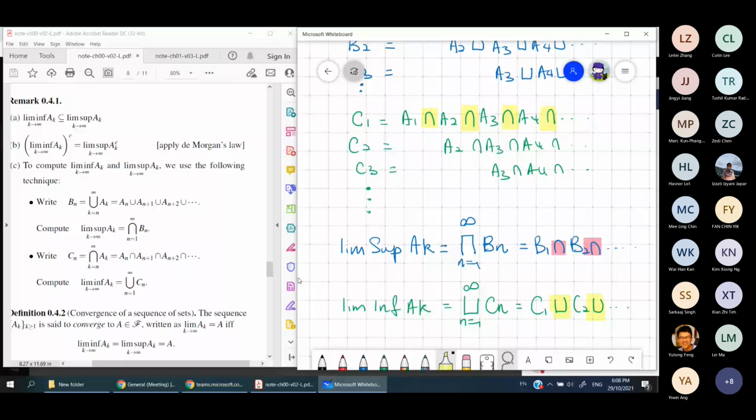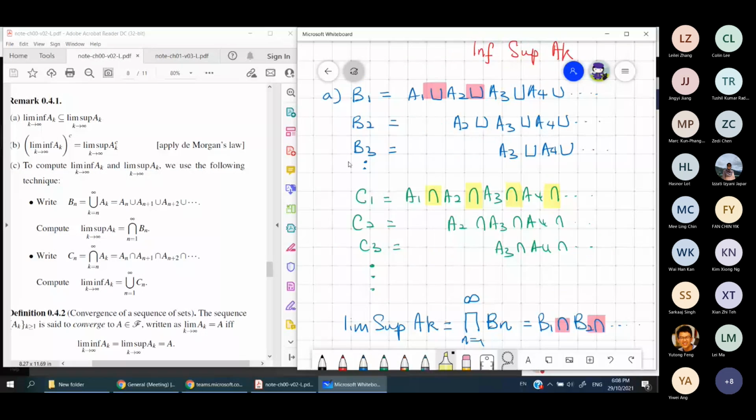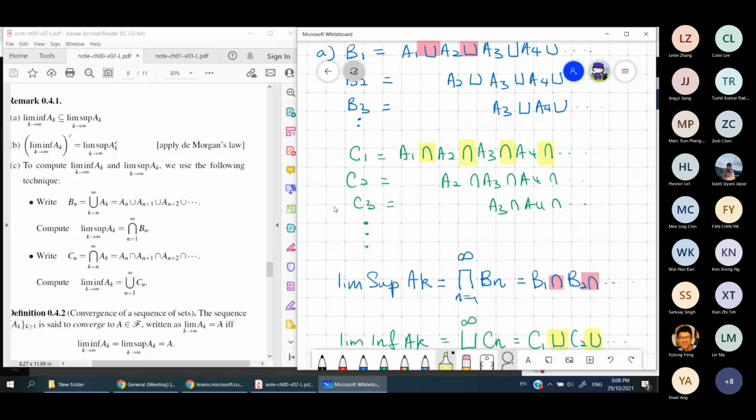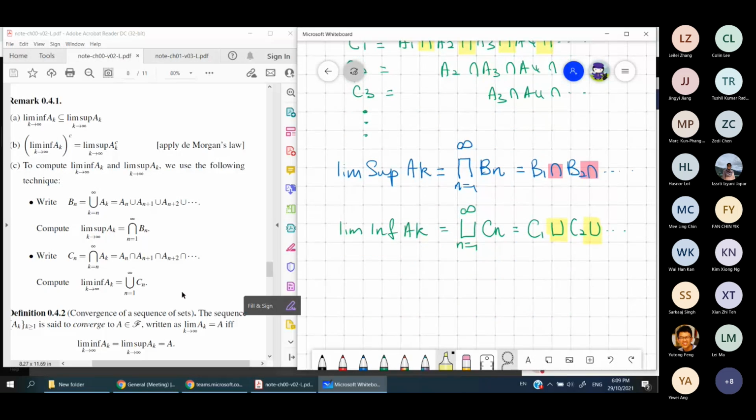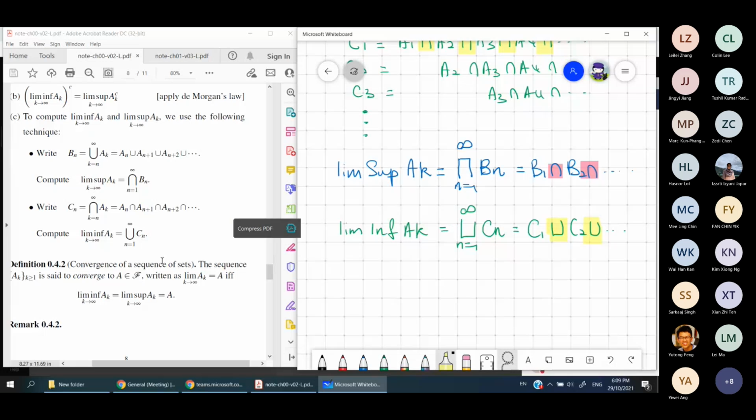So you may follow this procedure, just two steps. Step number one, calculating the sequence Bn or the sequence Cn. Step two, using Bn and Cn, we calculate the limit supremum of AK or limit infimum of AK using these two formulas over here. Okay, so this is the thing for the limit infimum.